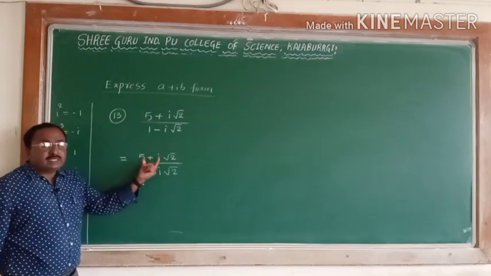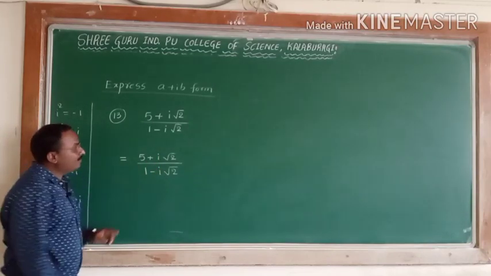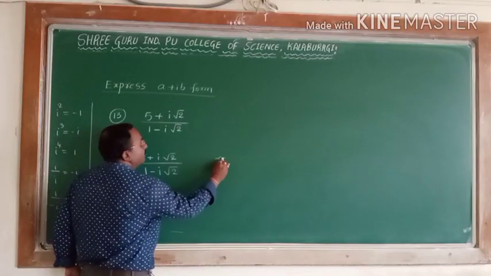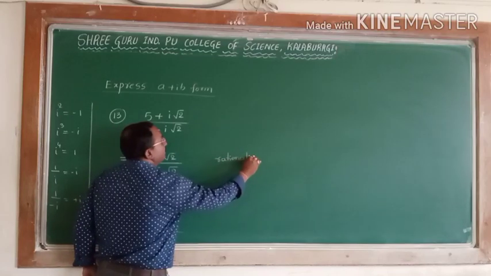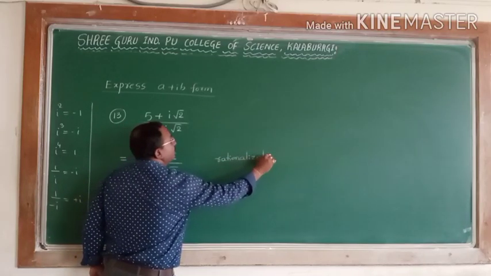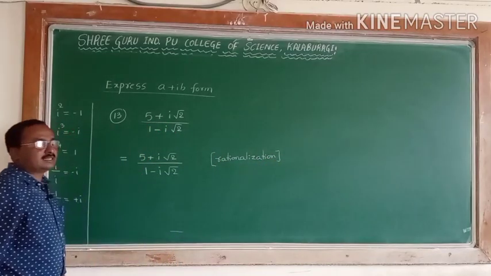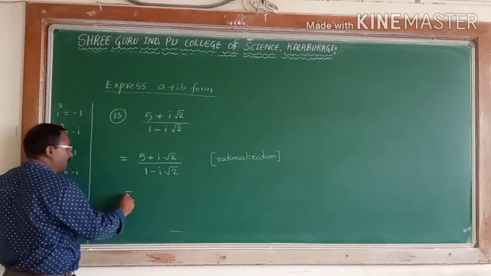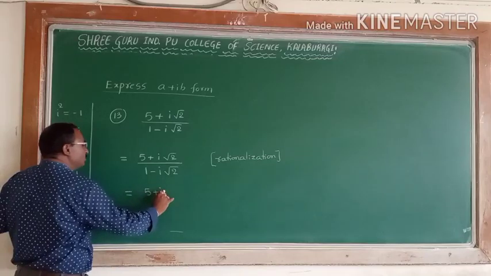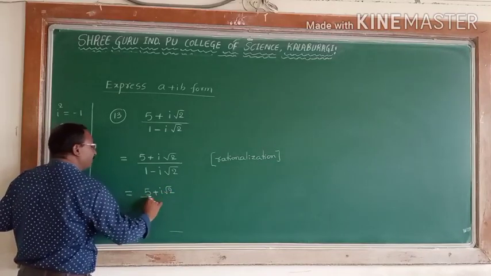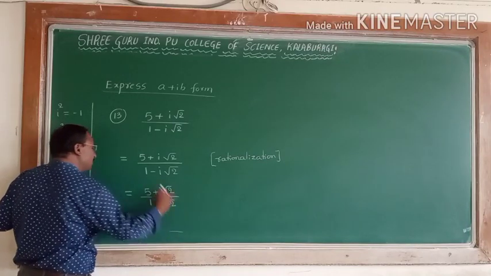Just keep in mind, for the algebra of complex numbers, if it is division of complex numbers, definitely apply rationalization. Apply rationalization to (5 plus i root 2) over (1 minus i root 2).